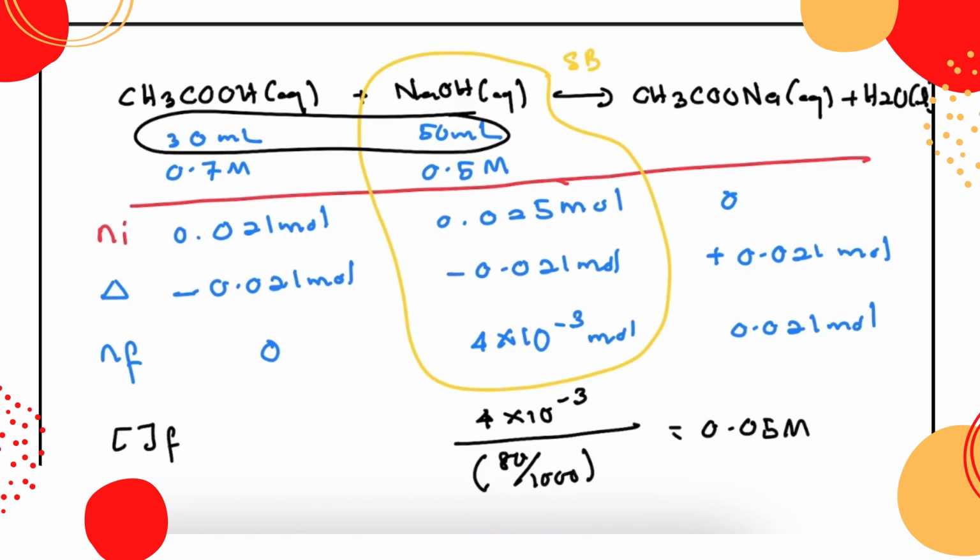Alright, so next, because sodium hydroxide is a strong base, we can only get the pOH first.